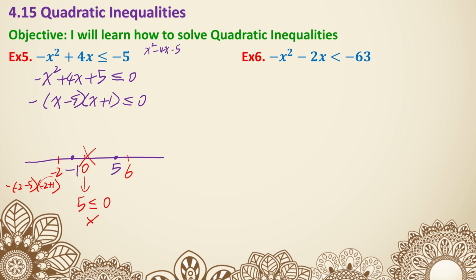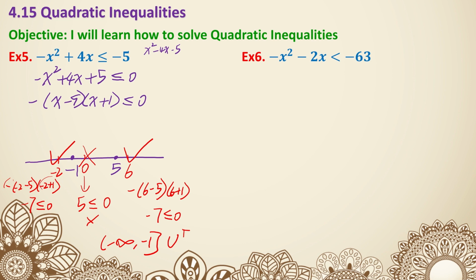So it's a +7, but still a negative sign in the front. -7 is less than or equal to 0. That works. 6: -(6 minus 5)(6 plus 1). That's 1 times 7, which is 7. So -7 is less than or equal to 0. That also works. Final answer: -infinity to -1, square bracket, union 5 to infinity.